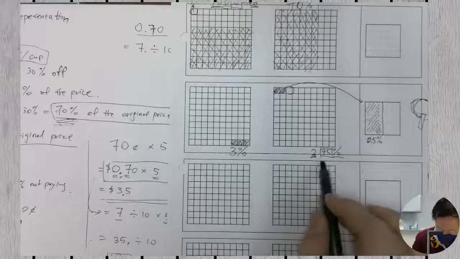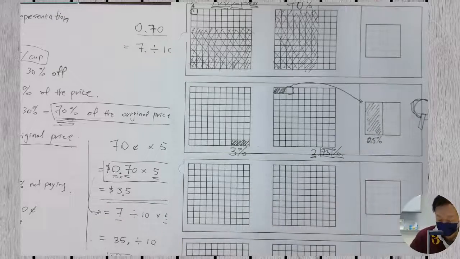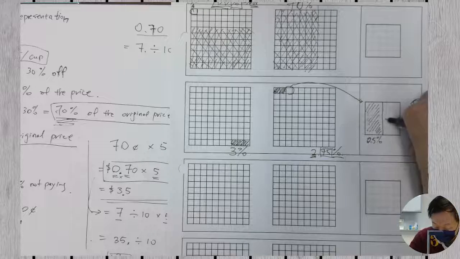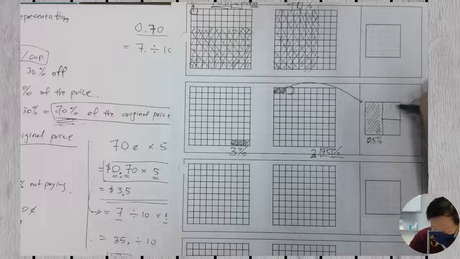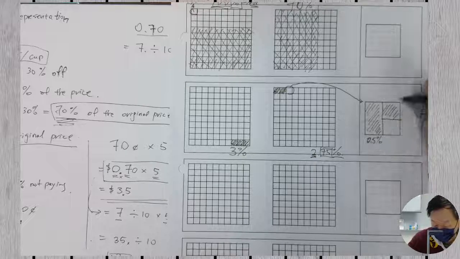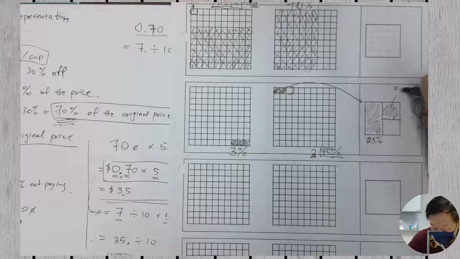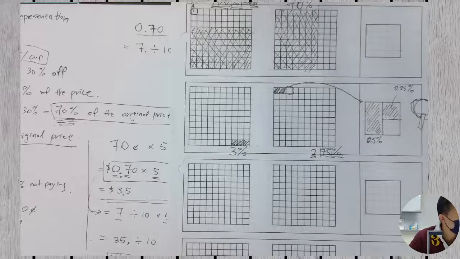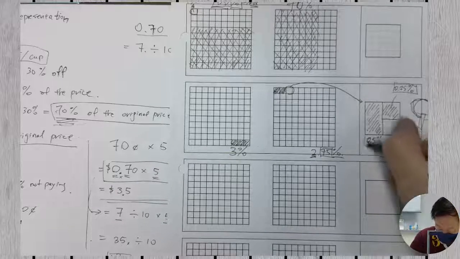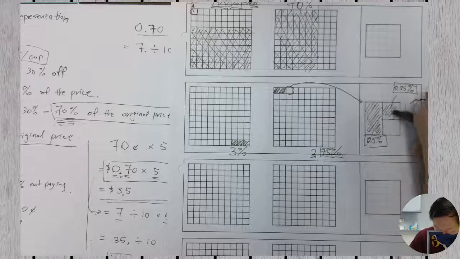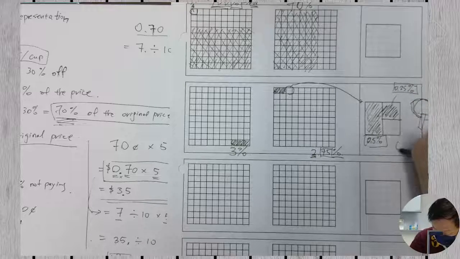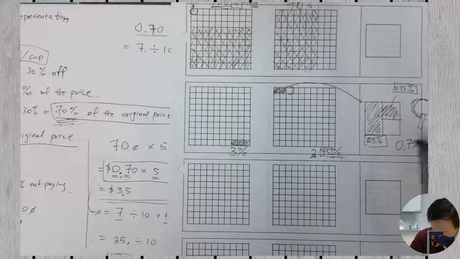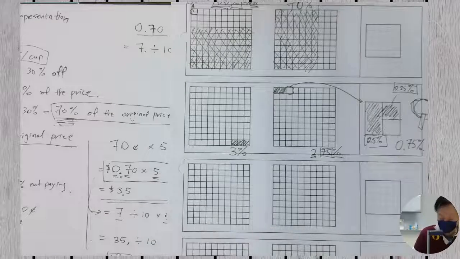But I need 0.75, so I need to box more. Each quarter of this is half of 0.5, so this half will be 0.25%. So 0.25 plus 0.5 altogether represents 0.75 of a percent.